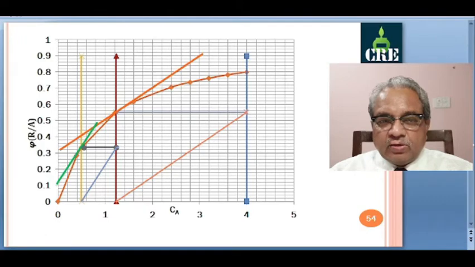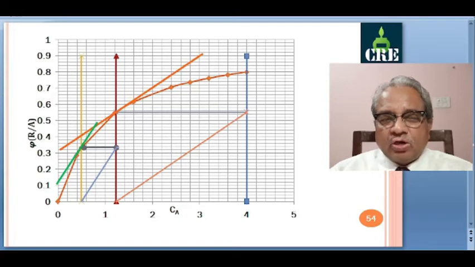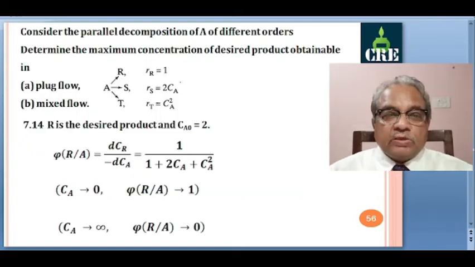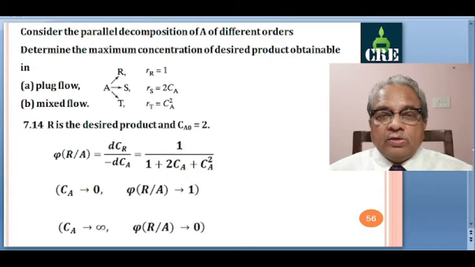Solve the problems by that method in your examination if it is asked, but mostly the question it will not be mentioned solve by this method or that method. Next problem, consider the parallel decomposition of A of different orders. Determine the maximum concentration of desired product obtainable in plug flow and mix flow.